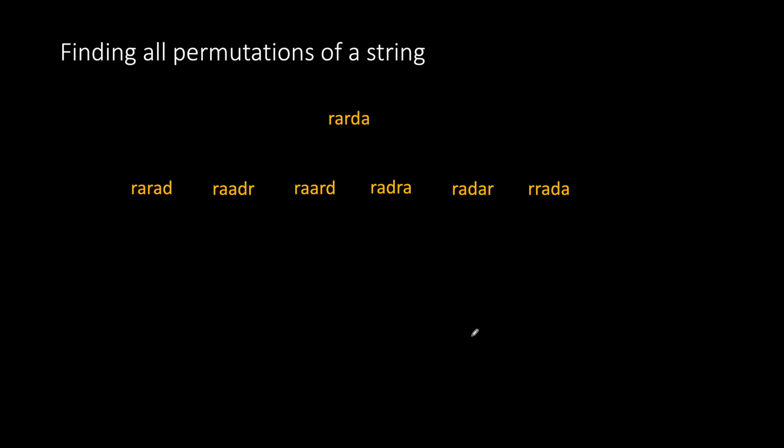Since the question says that we have to arrange a string such that it can be formed as a permutation, the basic solution can be to find all the permutations of a string, and for each permutation check whether it's a palindrome or not. For example, here RDA is the actual string, and we find all the permutations of it and compare each permutation to see whether it's a palindrome or not.